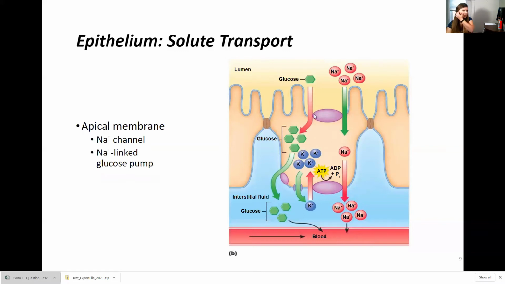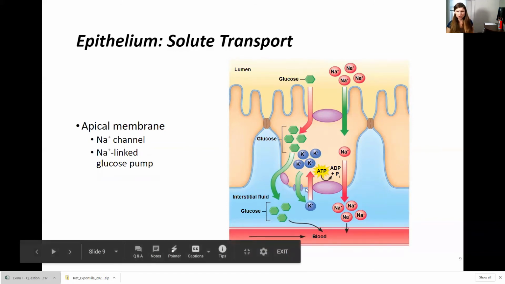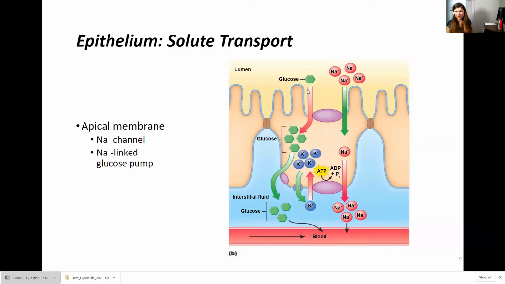Okay. So when we're looking at our glucose carrier, we're going to see that this glucose carrier here on the basolateral membrane is what's pulling glucose into our bloodstream. So this is really how we're getting energy out of our food, how we're getting those sugars to distribute to our tissues to break down using cellular respiration.